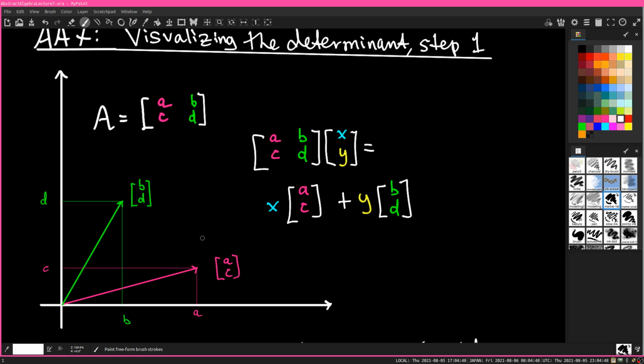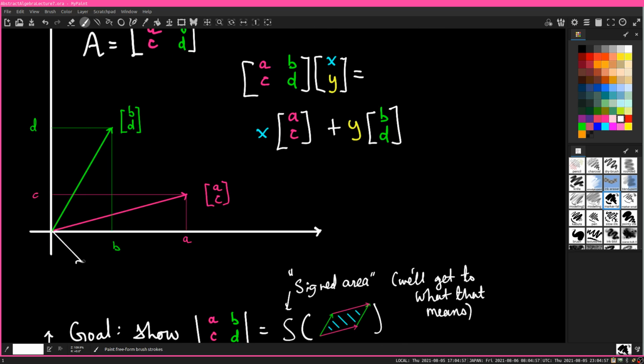The AX equals B problem corresponds to putting some new vector out here, calling it your B vector, and finding a linear combination that reaches it. This is called a linear combination, by the way.